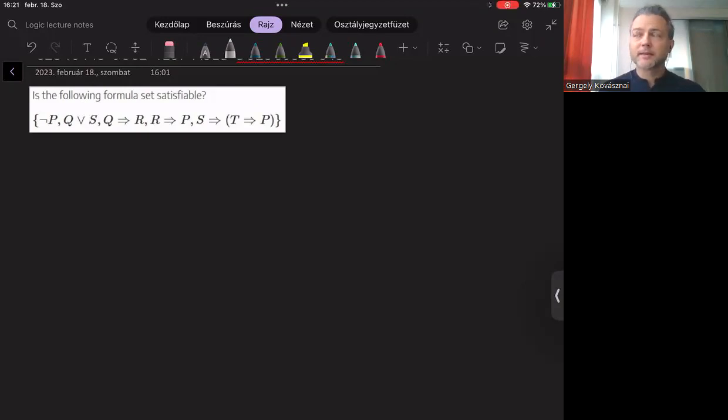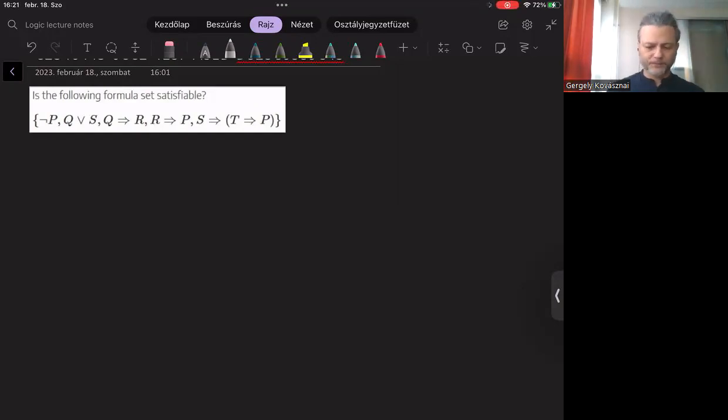And this means that I need to find out what 0 or 1 values to assign to the particular variables, what 0 or 1 value to assign to P, what 0 or 1 value to assign to Q, and so on, to make all those 5 formulas true at the same time. Okay, so let's try to find this out.